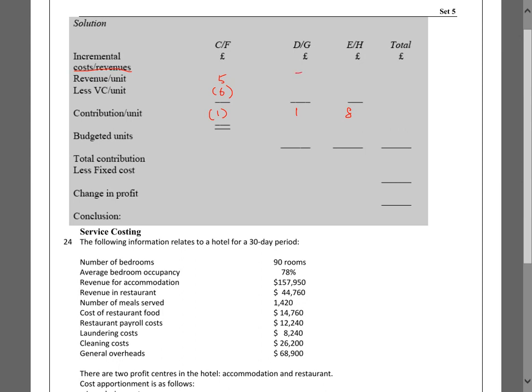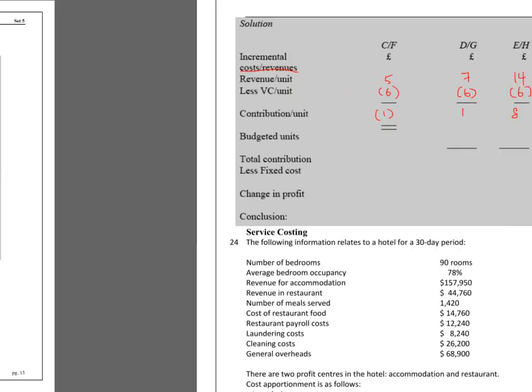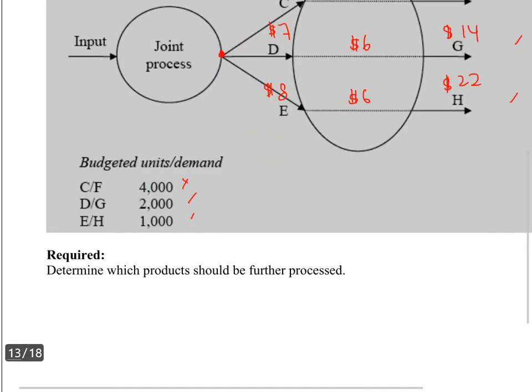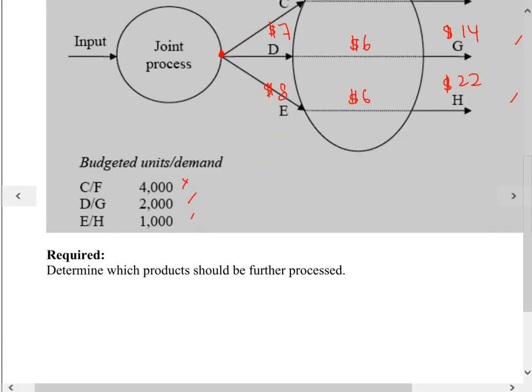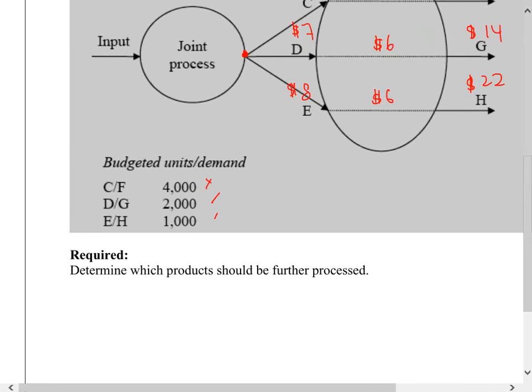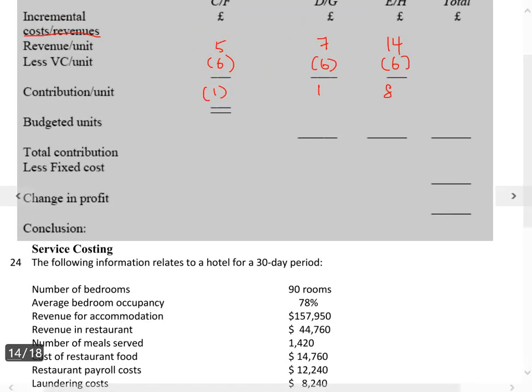7. Incremental revenue, incremental cost. Incremental revenue, incremental cost. So every unit contributes 1 and 8. So what's my budgeted unit to produce here? 2 and 1. So I budget to produce 2,000.